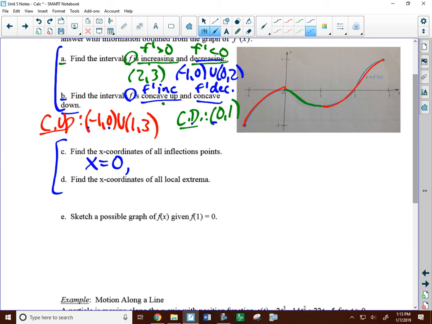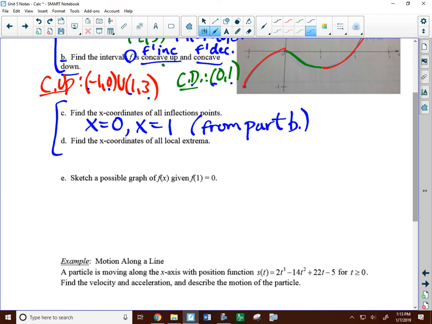Then from 1 to 3, it's concave up, so it switched at 1. This comes directly from part B. So we got that. I can just look at part B, and that will tell me that.